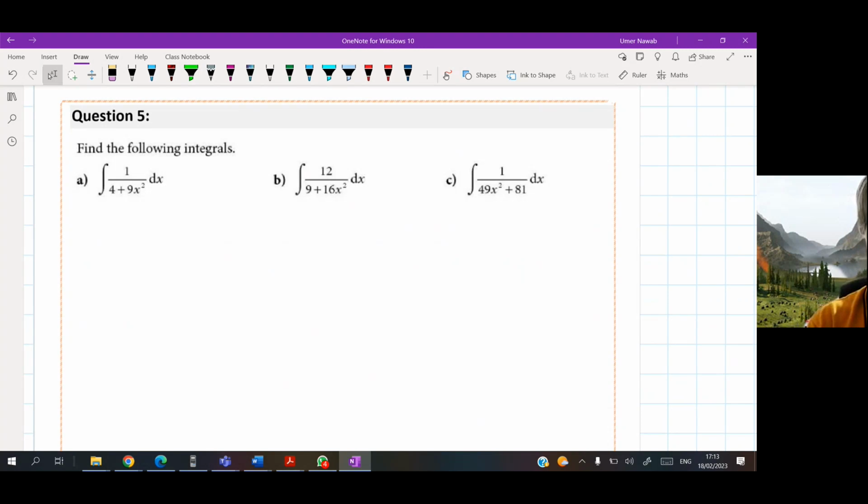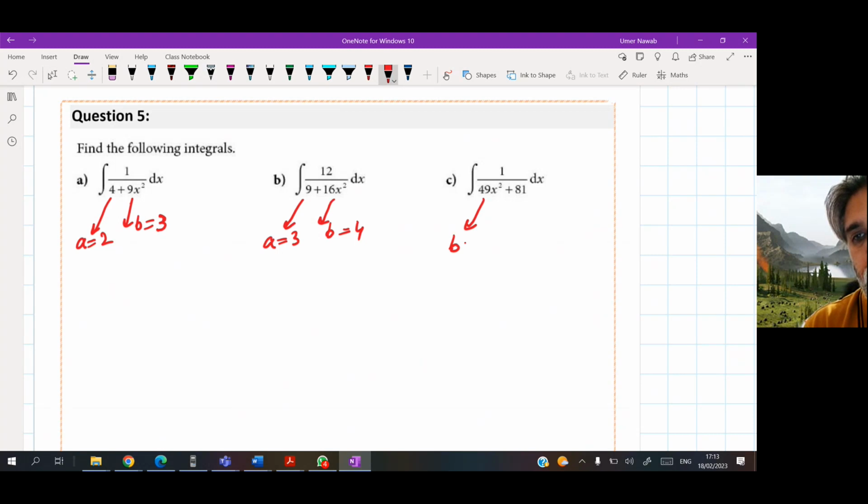These are the same type of questions. A is 2, B is 3; A is 3, B is 4; B is 7, A is 9.